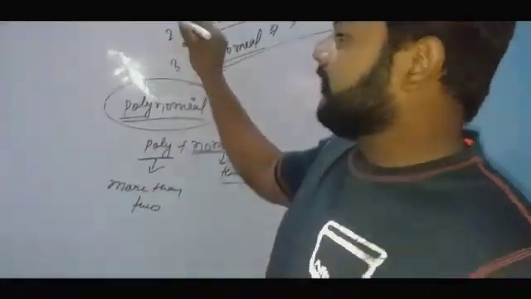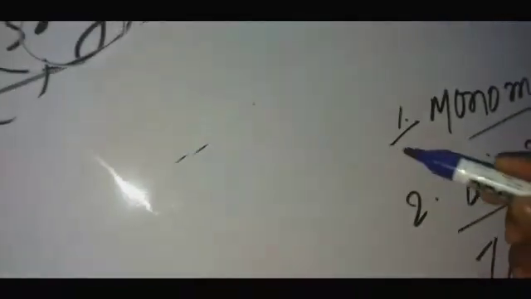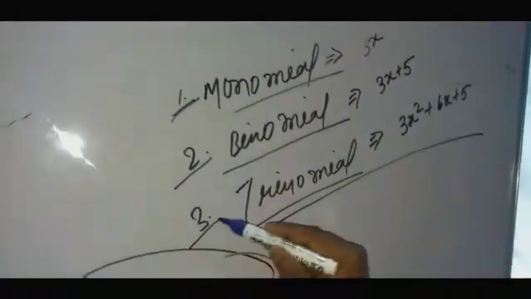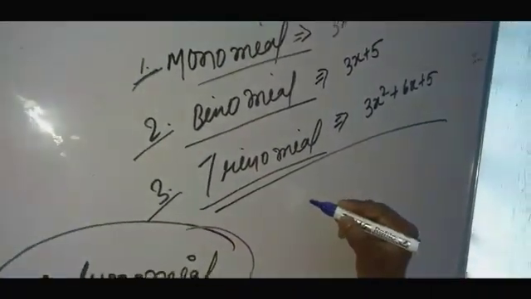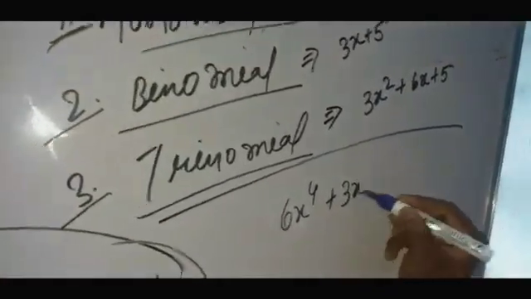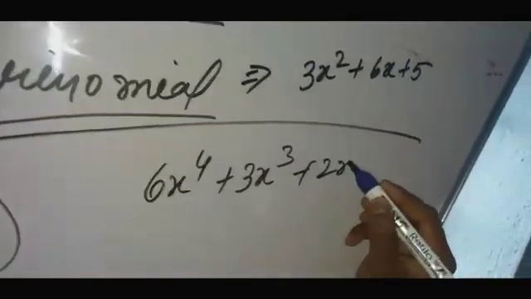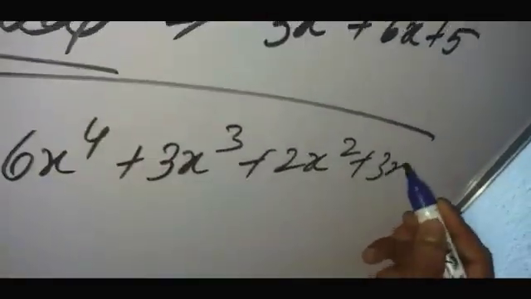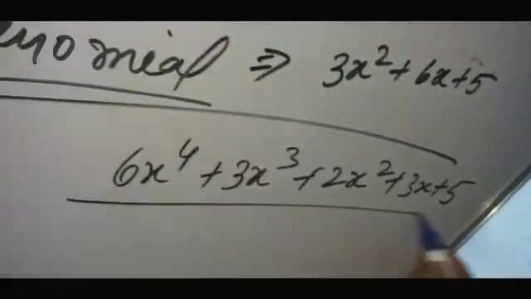Such as here I define the expression with monomial, binomial, trinomial. If there was a term 6x to the power 4 and 3x to the power 3, 2x to the power 2 plus 3x plus 5, what do we say it is?